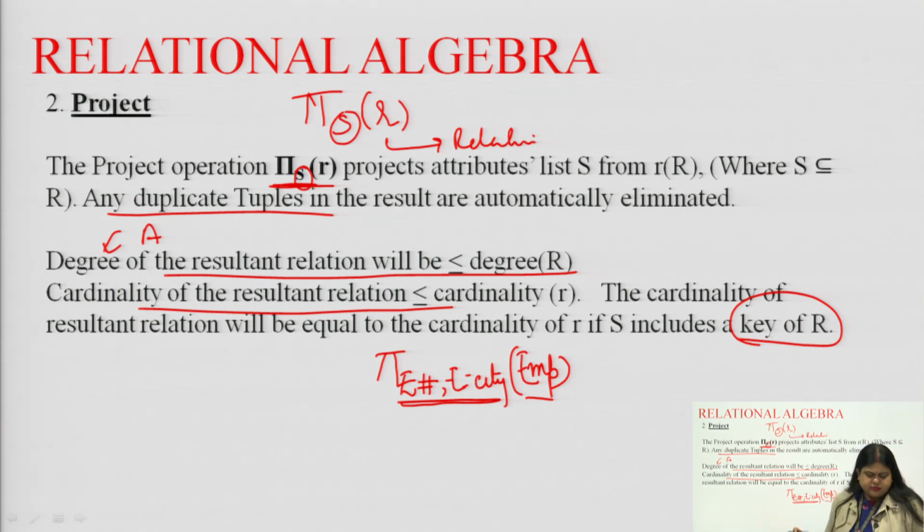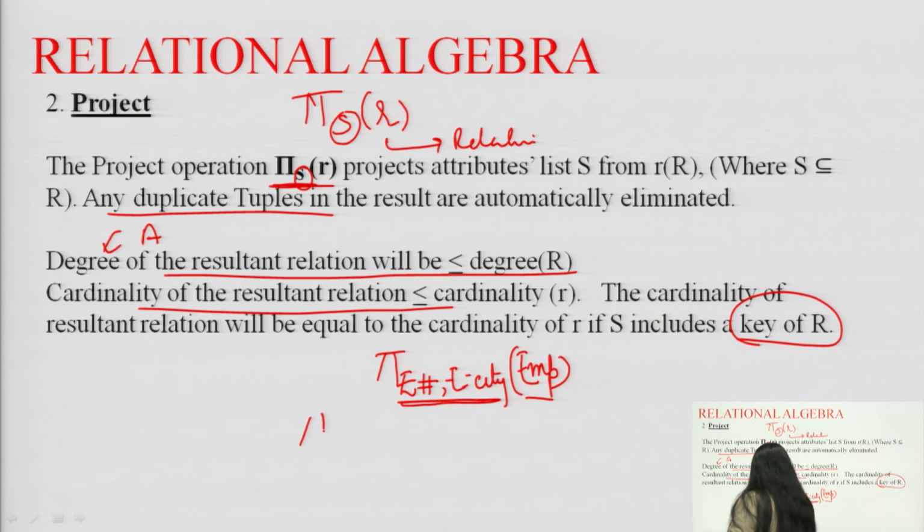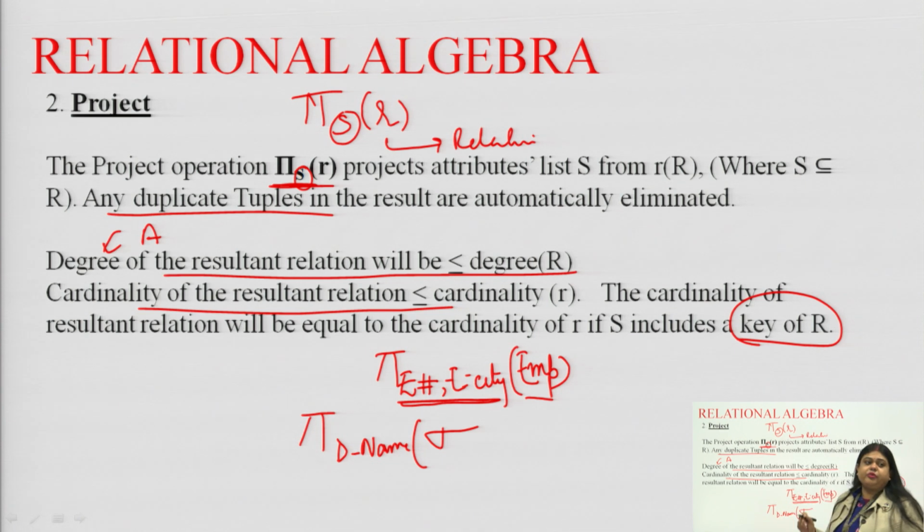Let us say now there is one more query which says get the department name of those departments which have total salary more than 1 lakh rupees. So, we need to find the department name of the departments where the total salary of the employees is more than 1 lakh rupees. How are we going to write it? Again simple projection, the department name, but this time it is a combination of projection and selection.